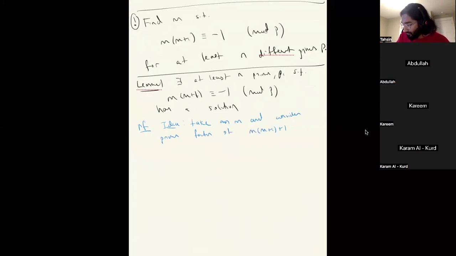So we can just choose any arbitrary m at first, and then start picking the primes. Like first we just try say 2. So we have 2 times 2 plus 1, all plus 1, so 7.